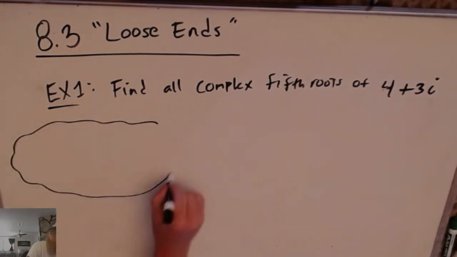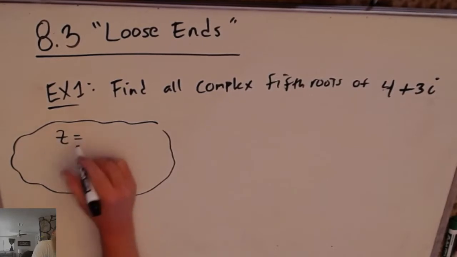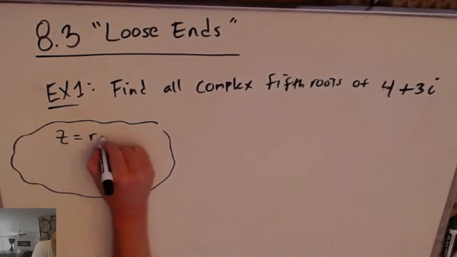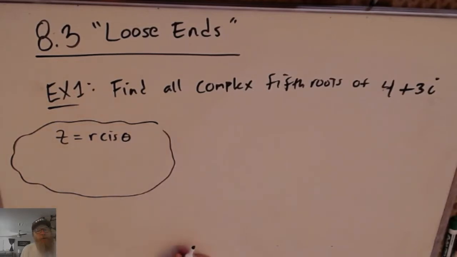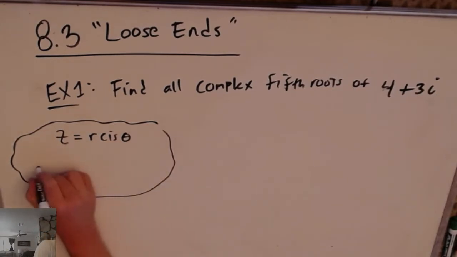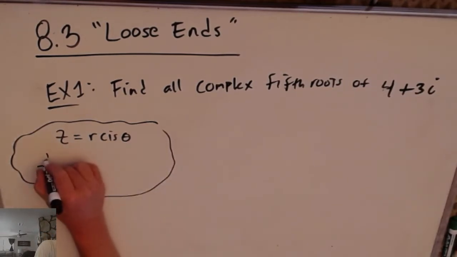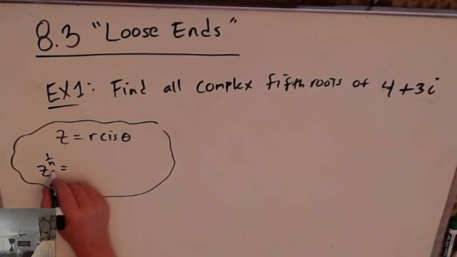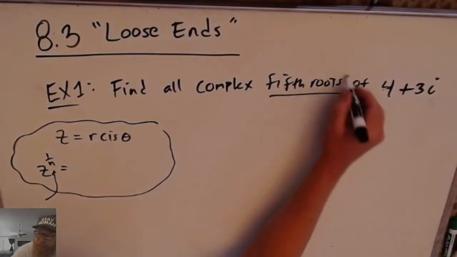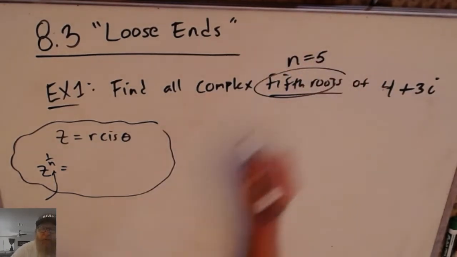If you want to remember the formula, you're going to write z in the form r cis theta. Write the whole thing out, cosine i sine, or you can compress it into this abbreviated notation. And then your fifth root, 1 over n, where n is 5.